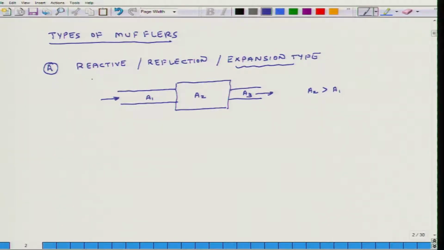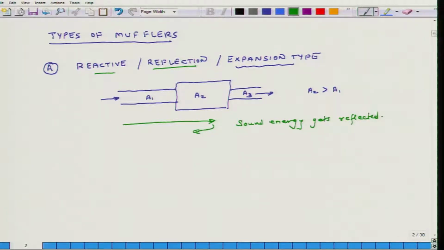That is why it is known as an expansion type muffler, because the gases can expand in it. And they are known as reactive mufflers or reflection mufflers because the sound energy, when it passes through the muffler, does not get absorbed by the muffler, but it gets reflected. So, that is why these mufflers are also known as reflection type mufflers.